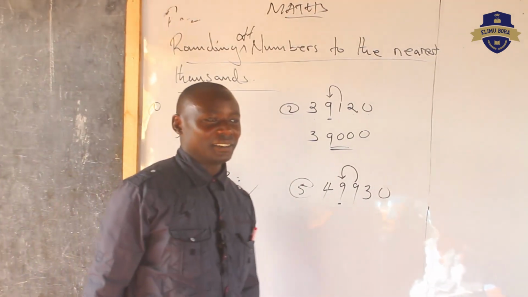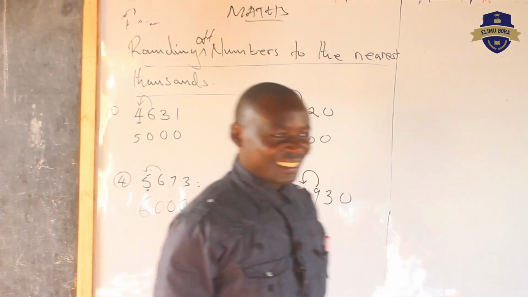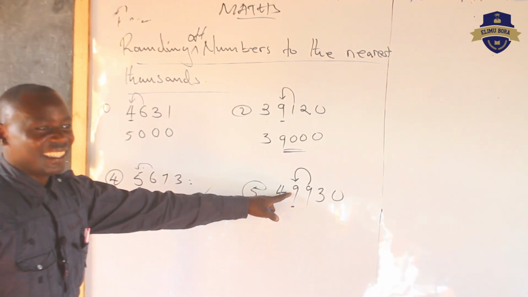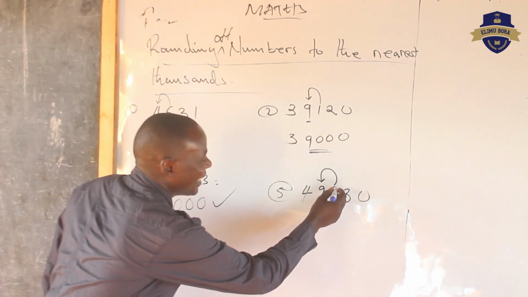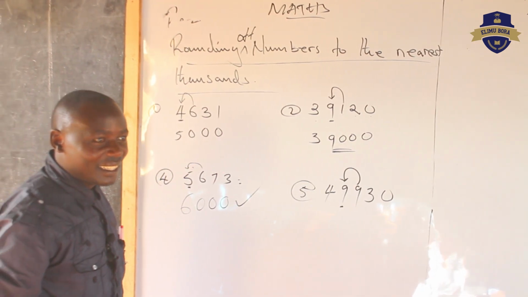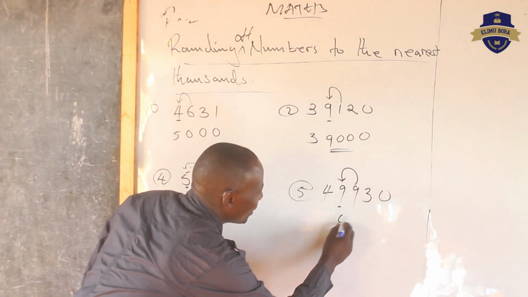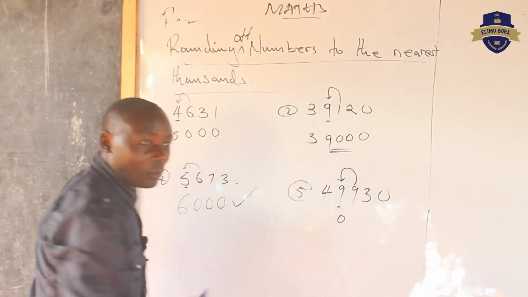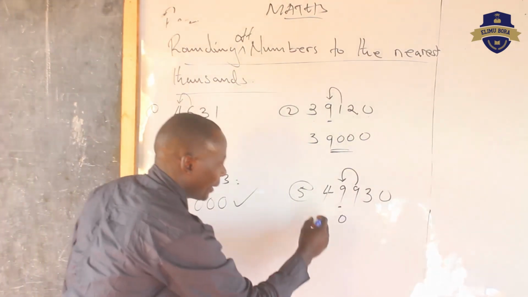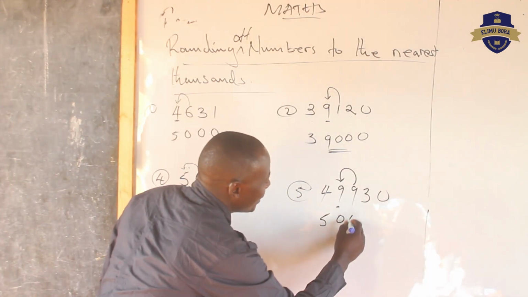What will happen there? Tens. We write 10. You write 0, then carry 1. Very good. That's what I wanted to confirm. You carry 1. That is 5. Then the rest of the numbers will be 0.